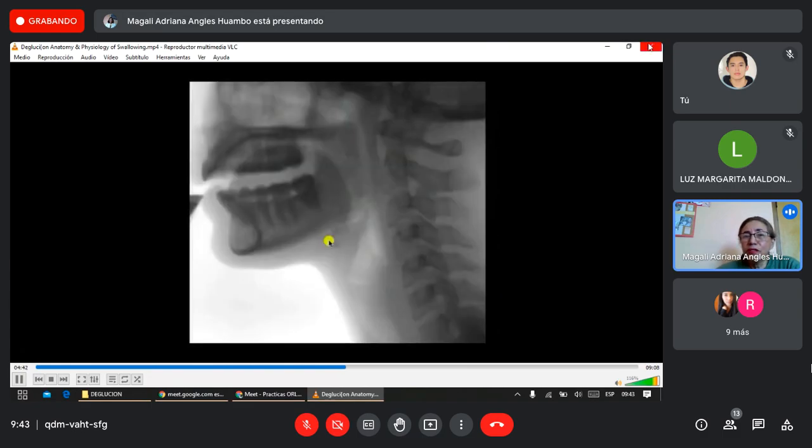Muy bien, entonces lo podemos ver estas fases por la fluoroscopía, ¿no? Es una radiografía in vivo en la que le damos a deglutir al paciente una sustancia contrastada, baritada, y podemos ver exactamente todo lo que el esquema nos ha mostrado en este momento.